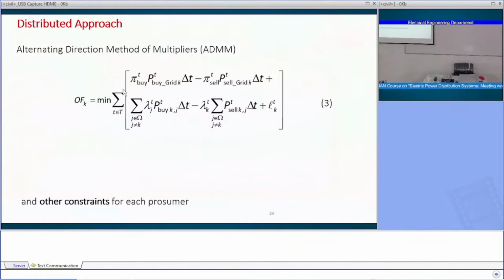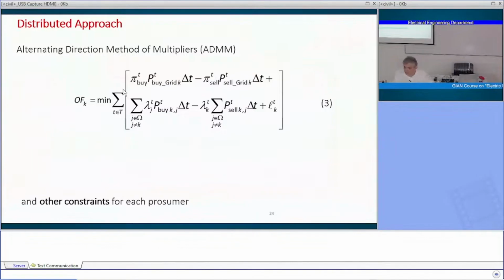So the lambda values are the coordinating variables that coordinate the production and the consumption of the various producers and the internal transactions. Since these lambda are called Lagrangian multipliers, the method is the alternating direction method of multipliers, or ADMM. These methods work iteratively, so we start with some values of lambda, and then the lambda at each iteration are adjusted.